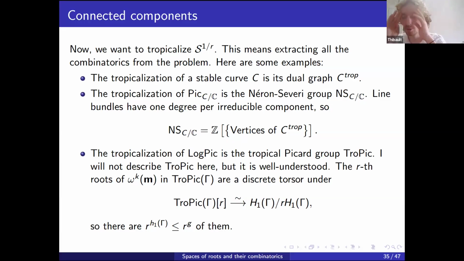If you compare that to the r to the 2g that I had earlier, you can see that for each tropical root, I still have a lot of logarithmic roots. And in fact, you can do the math, and it turns out if I fix a tropical root, over that tropical root, the number of scheme-theoretic roots I have is exactly the number of roots inside the Picard group without a log.